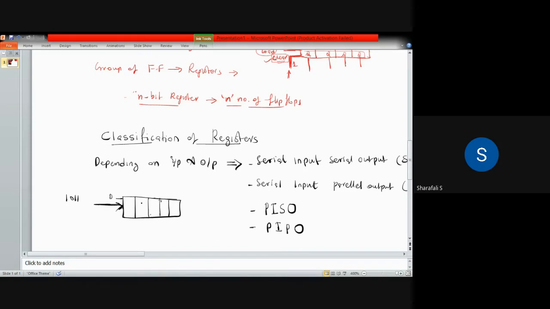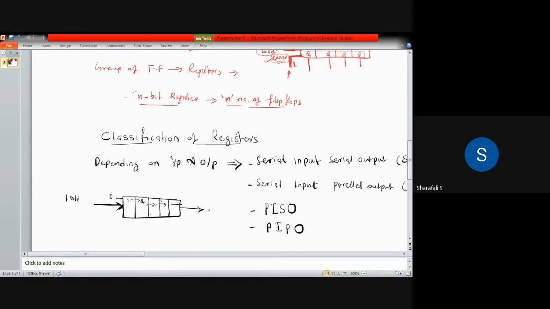So this is a serial input, and if you take the output from here, it is a serial output. Once the data enters this flip-flop, it passes to the next flip-flop. After the operation of the first flip-flop, it goes to the second, then the third, then the fourth, and after the fifth it comes out.